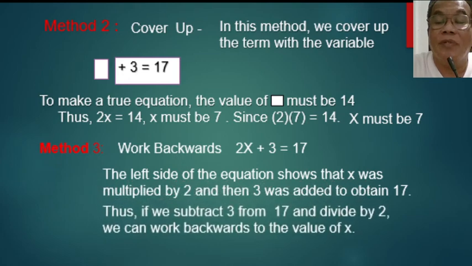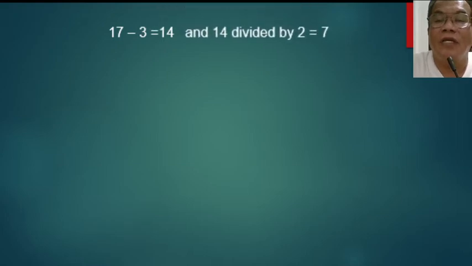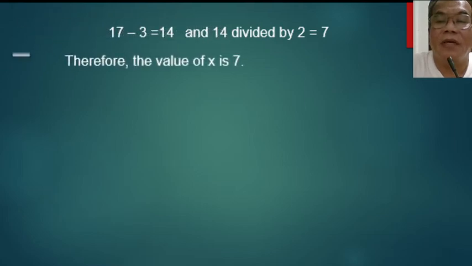Thus, if we subtract 3 from 17 and divide by 2, we can work backward to the value of x. So that is 17 minus 3 is equal to 14. And 14 divided by 2 is 7. So therefore, the value of x is 7.